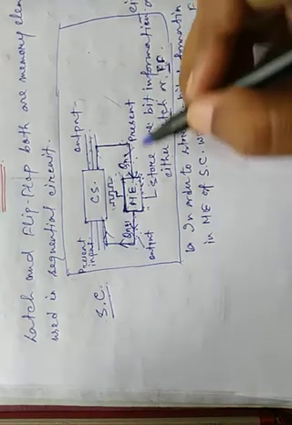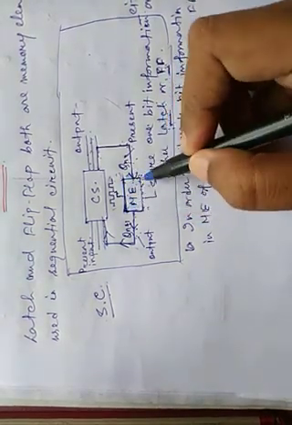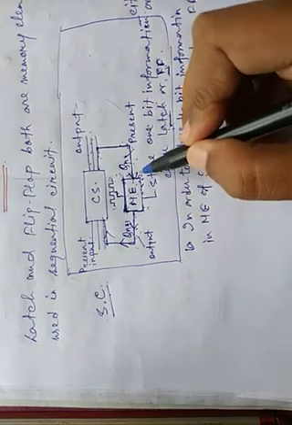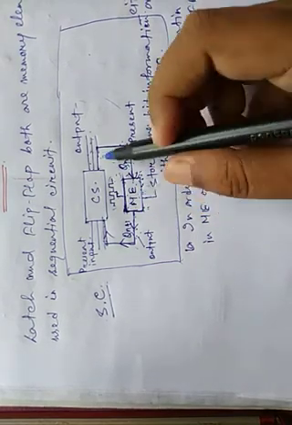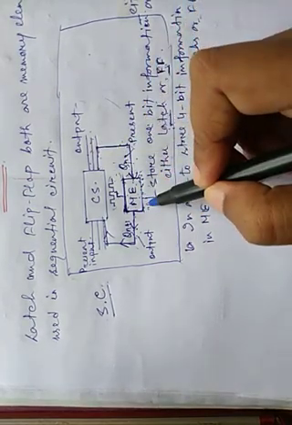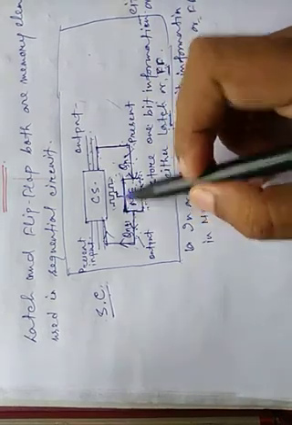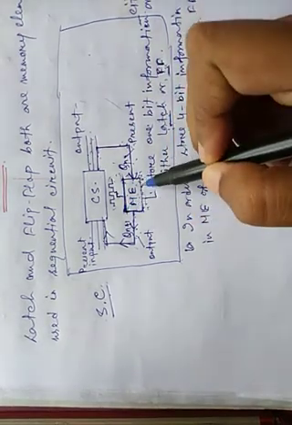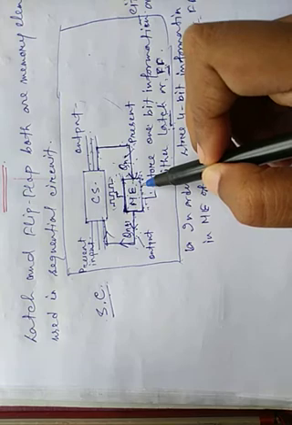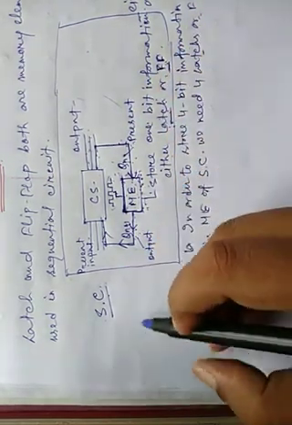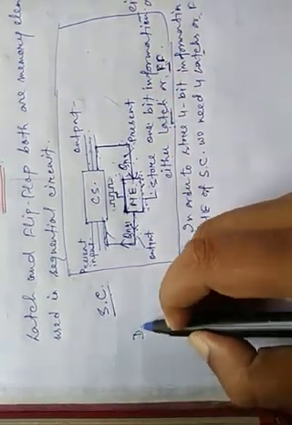So what is the necessity to store the output value in the sequential circuit? Why do we use a memory element in the sequential circuit? Because suppose we want a decade counter.